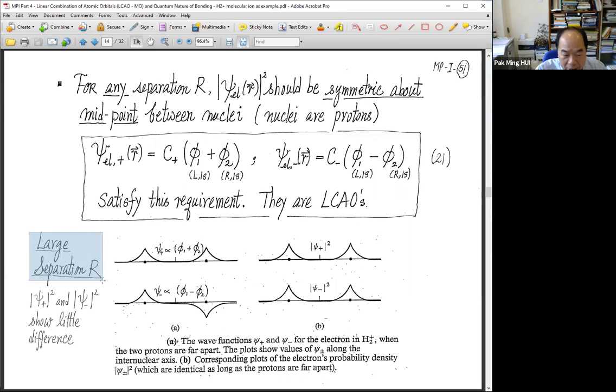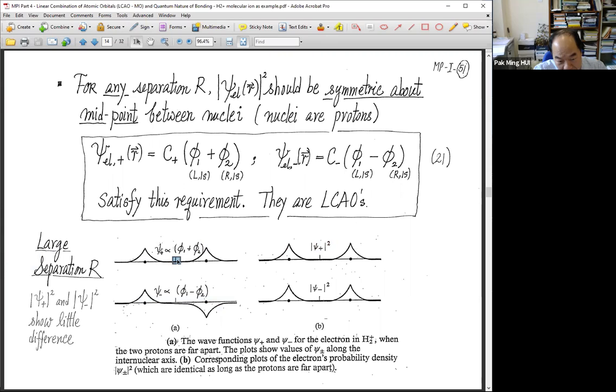Very far away separations, okay? So I have left added to right. The square will be something like that. Or left minus right, but they're very far apart. In the middle is already the very exponential tail part.